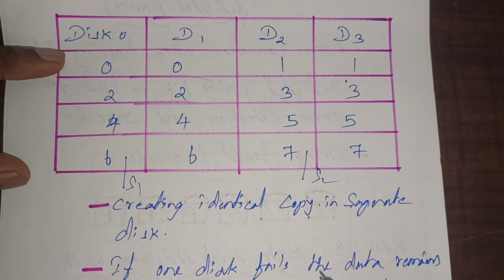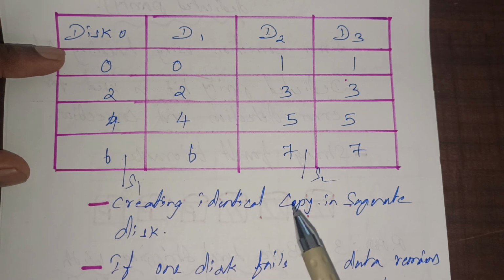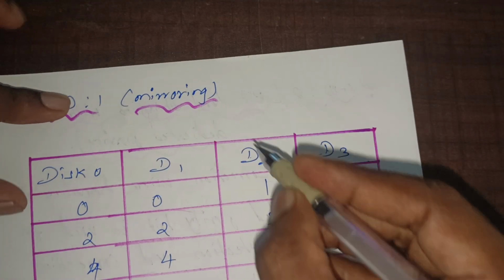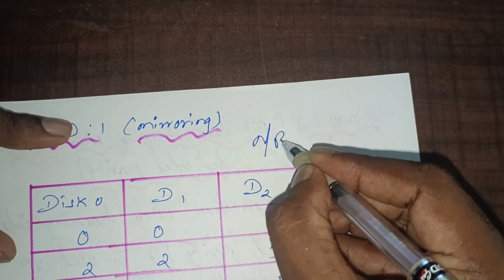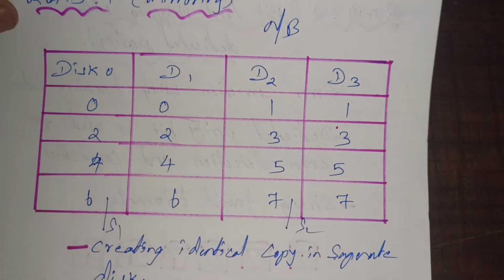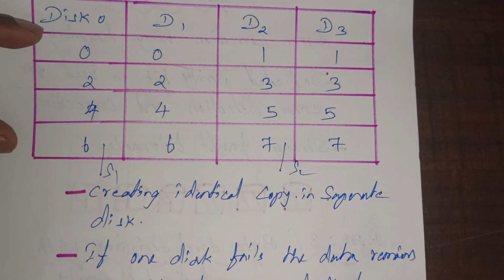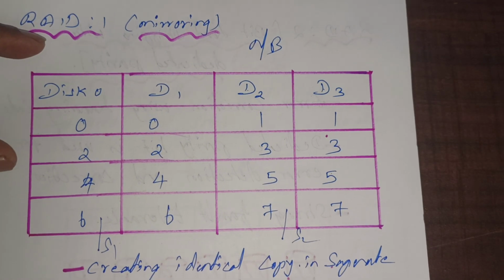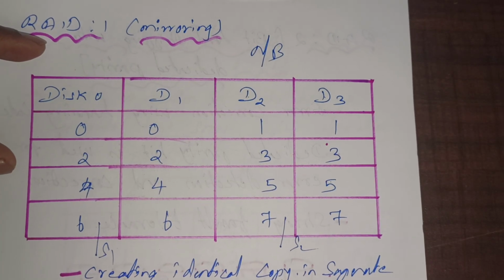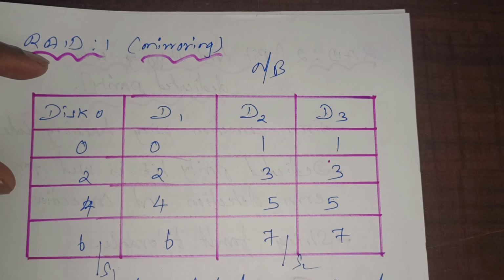So the storage capacity is very low when we compare to striping. Striping is N into B, but here it is N divided by B. N stands for disk, as you all know, and B stands for block. So if any of these blocks fails, we are able to handle it.